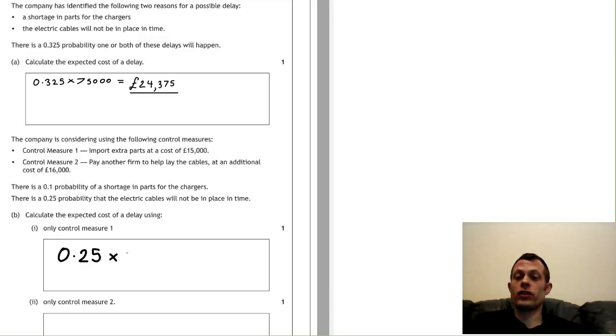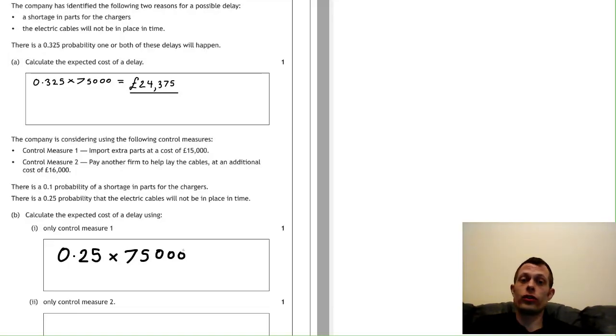So we must multiply the 0.25 by the cost of the delay, £75,000. And although it's not hugely clear from the question, in my opinion, you do need to add on the cost of the control measure, the £15,000. They are not giving you that information for no reason, so you would have to assume that you had to add that on. And in general, expected value is the expected money coming in plus or minus the expected money going out.